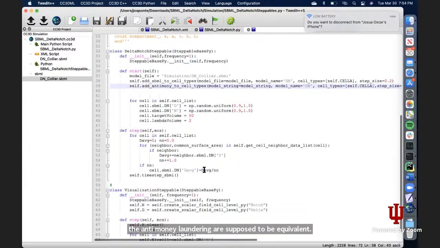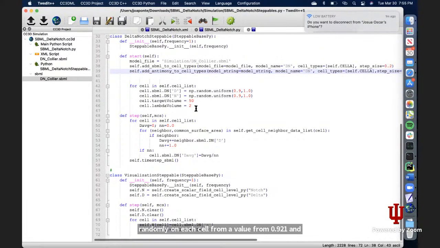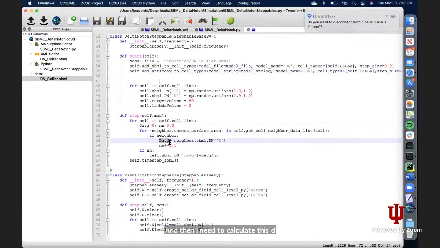Then the rest of the code initializes the values of delta and notch randomly on each cell, from a value of 0.9 to 1. And it assigns a target and lambda volume to the cells. In the step function, you see that I iterate through each of my cells. Then I need to calculate this D average, which is the delta averaged over the neighbors of the cell.